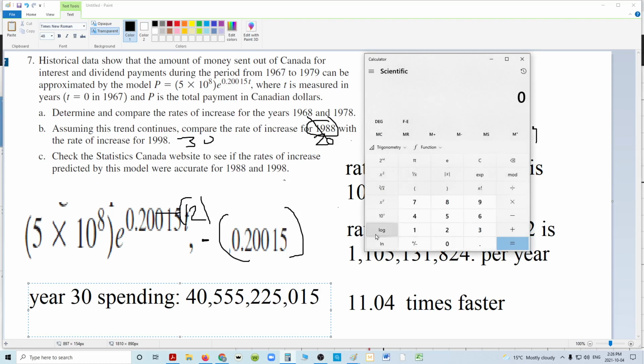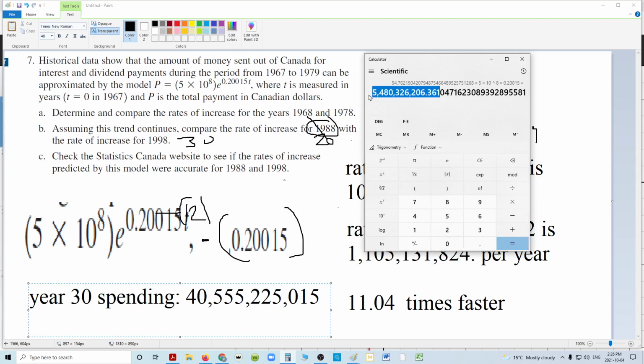And we're going to do e to the power, open brackets, 0.20015 times 20, close brackets, equals, times 5 times 10 to the power of 8 times 0.20015. And we're going to hit equals.